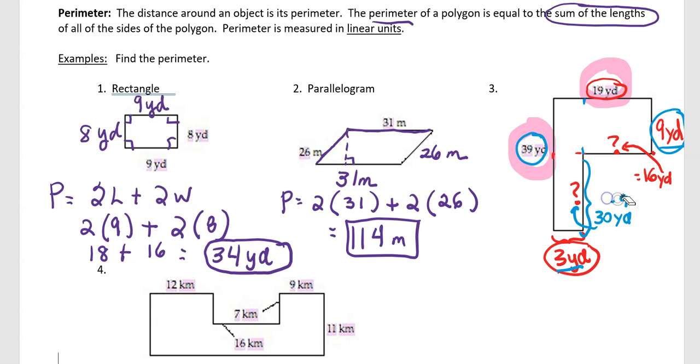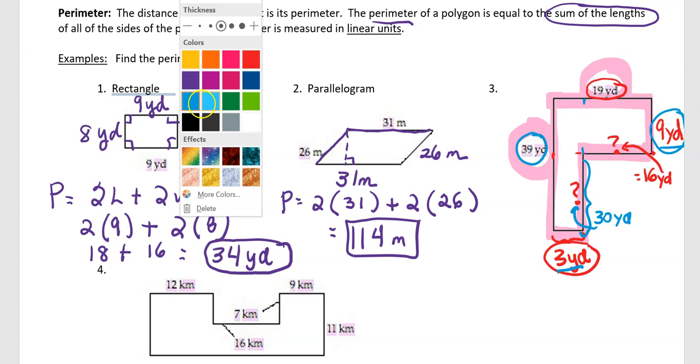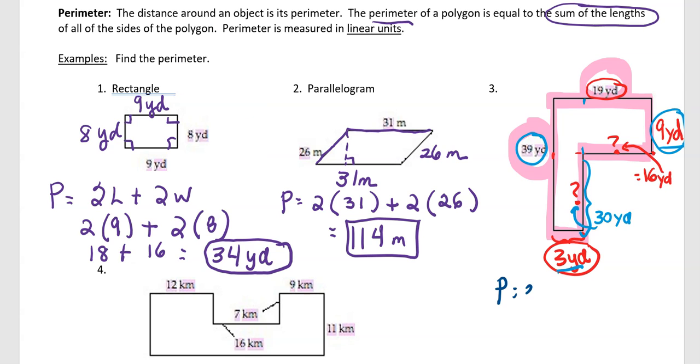And that this question mark here is 30 yards, I can go ahead and add up all those values to figure out the distance around my polygon, and that would give me my perimeter. So P is going to equal 39 plus 3 plus 30 plus 16, out of space there, so I'm going to go down here, plus 9 plus 19.